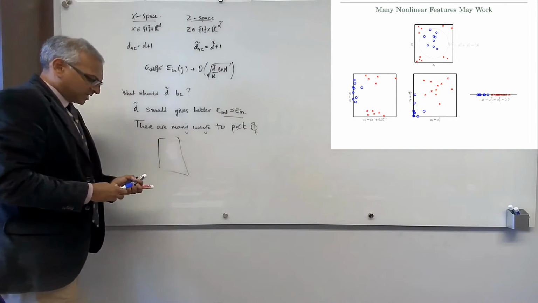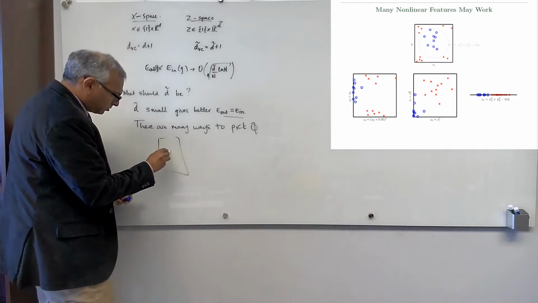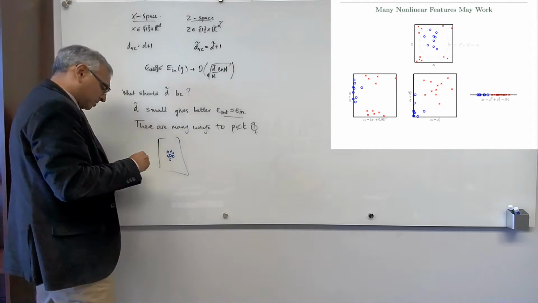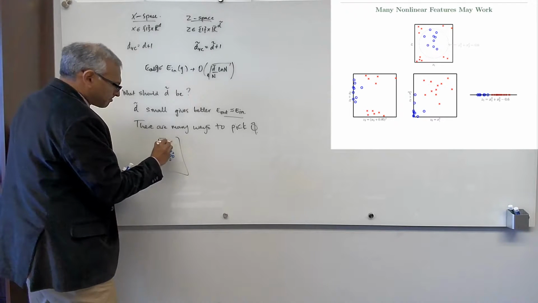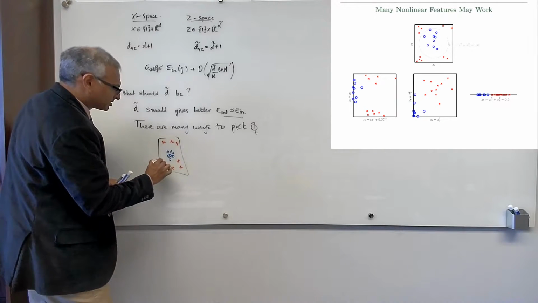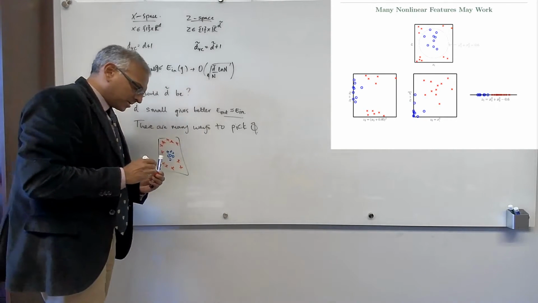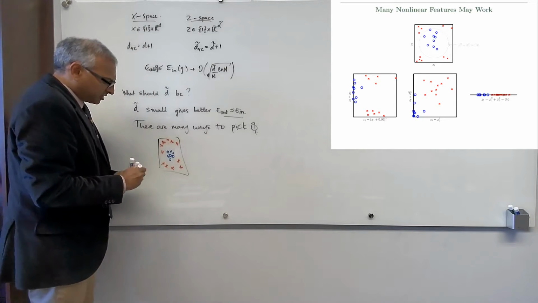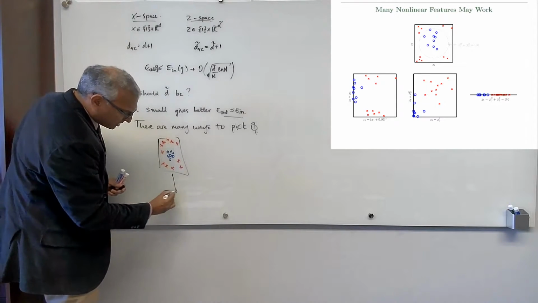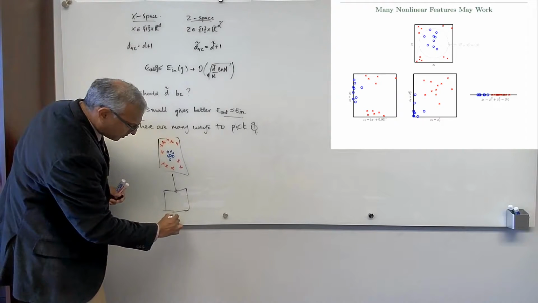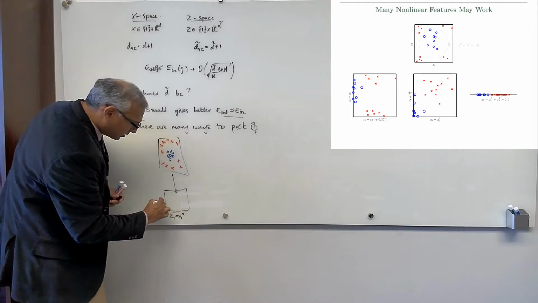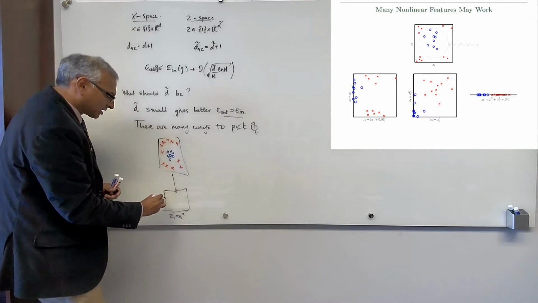So we have our data with blues and reds around, and that's the top graph over there. The first transform that goes down basically goes to Z1 equals X1 squared, Z2 equals X2 squared. That's the one we've been discussing all along.